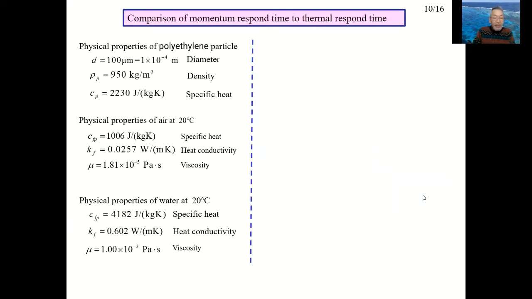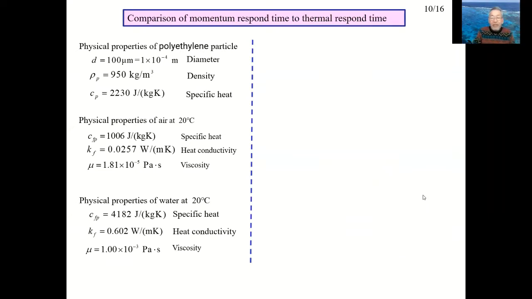Let's see the momentum and thermal responses of a polyethylene particle with a particle size of 100 microns and specific gravity of 0.95. Let's see how the response differs between the two cases when the particle is in the air and when it is in the water.